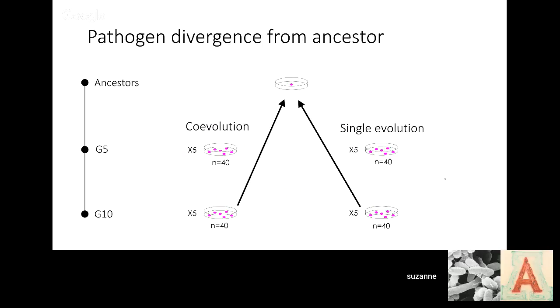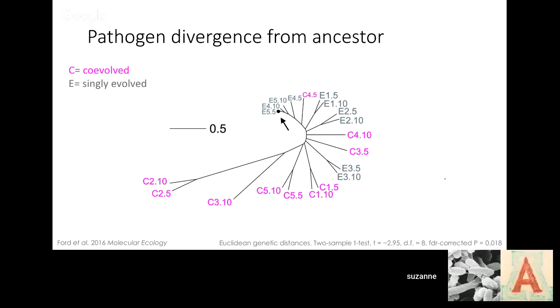So we did this by basically comparing the pairwise distances of the Coevolved treatment to the ancestor, comparing it to the distances of the singly evolved populations to the ancestor. And we did this just for generation 10. And we do find that basically the Coevolved populations are significantly more diverged from the ancestor than the singly evolved populations, and you can obviously see that quite nicely from this image.